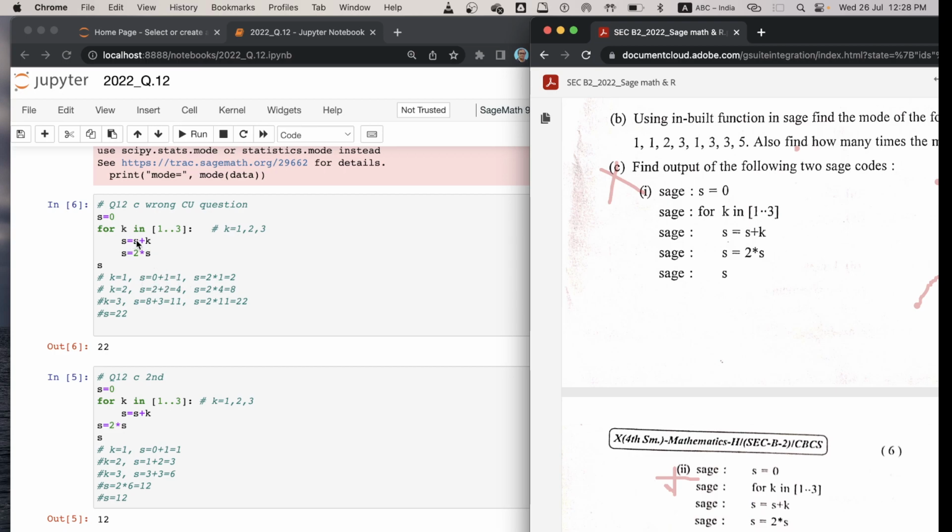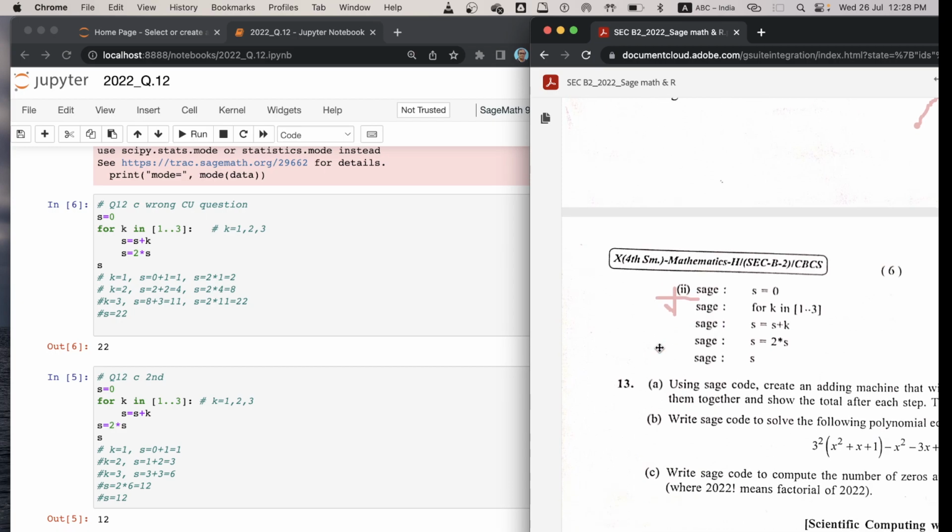So s equal to 1, and s equal to 2s, so s equal to 2 star 1. So s equals to 2. And for the second loop, when k equal to 2, s equal to s plus k gives 4, and s equal to 2s gives 8. And for the third time, k equal to 3, s equal to 8 plus 3, so 11, and s equal to 2 times 11 is 22. So output s here is 22.